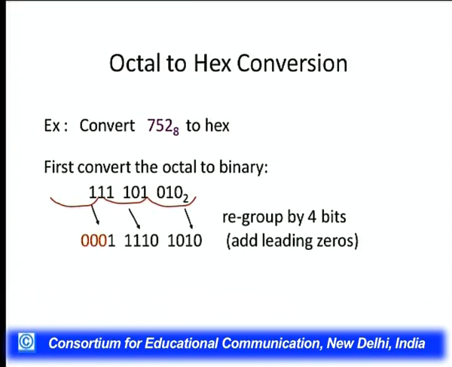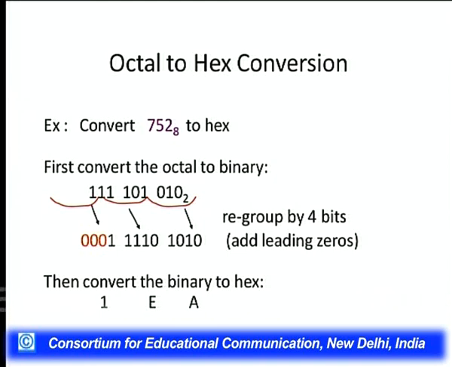Of course, you can pad the empty spaces with zeros. So you regroup by 4 bits, and then for each 4-bit group you find the hexadecimal equivalent of that binary number. So you get the hexadecimal equivalent of the given octal number.